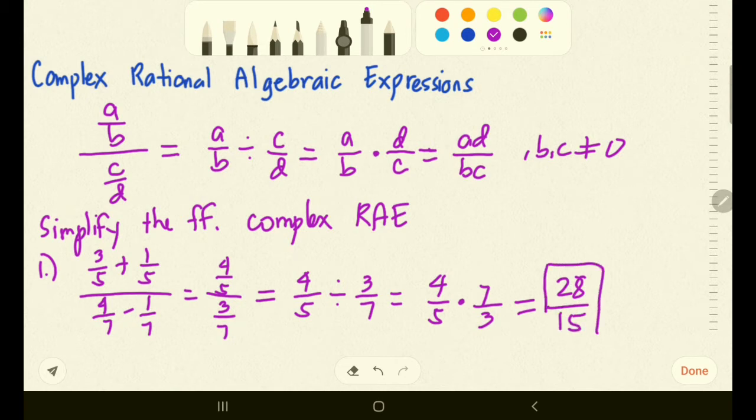That is the simplified form of the given complex rational algebra expression.